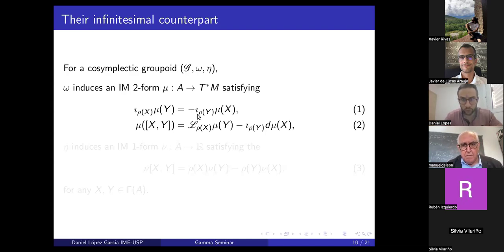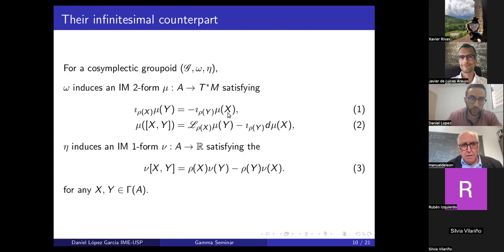This eta induces an IM 1-form, a map from A to R satisfying this equation. I'm not going to explain this equation very much either. I just want to mention that I start with a cosymplectic groupoid, and I can produce these forms mu and nu such that they satisfy this equation.